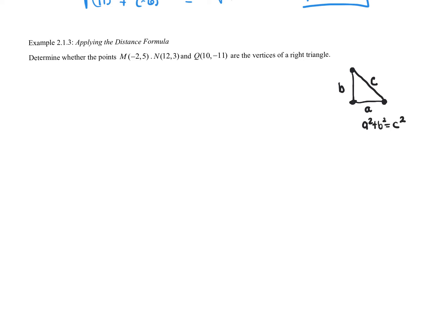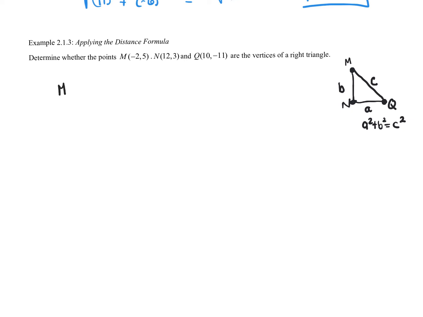So we're going to find the lengths of each of these legs, and then we're going to figure out if it fits the Pythagorean theorem. So they give me M first, so we'll call this one M, and then N, and then Q. So let's find out.